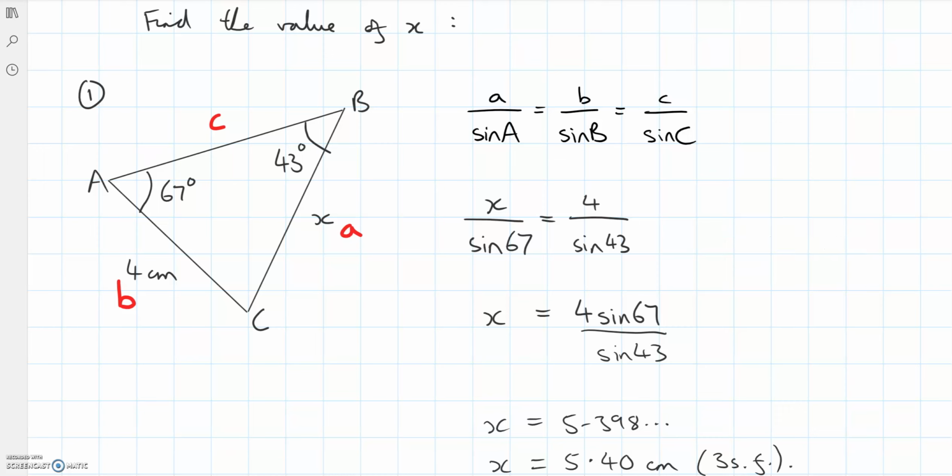Okay, so this would be our solution. Remember, when we're rounding, the third significant figure is the 9, and the 8 is going to round it up to a 10, so I carry 1 to the 3, so it becomes 4, and I put my 0 down next to it.